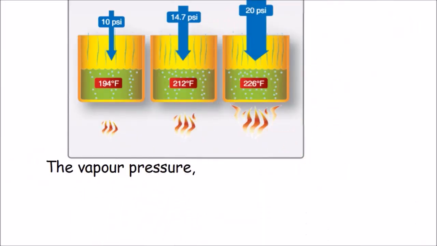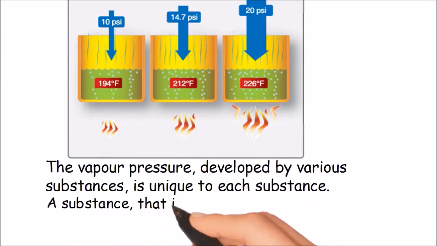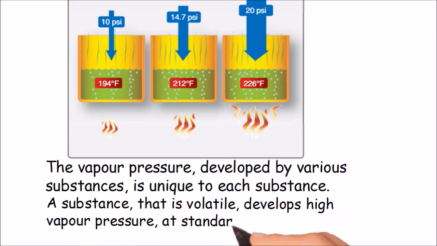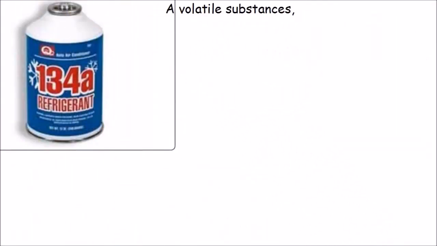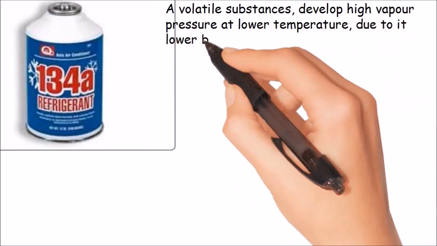The vapor pressure developed by various substances is unique to each substance. A substance that is volatile develops high vapor pressure at standard day temperature of 59 degrees Fahrenheit. Volatile substances develop high vapor pressure at lower temperature due to its lower boiling point.